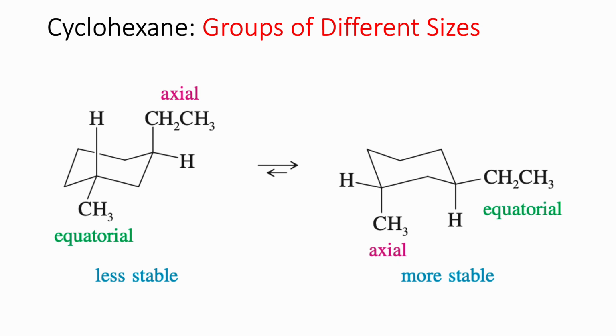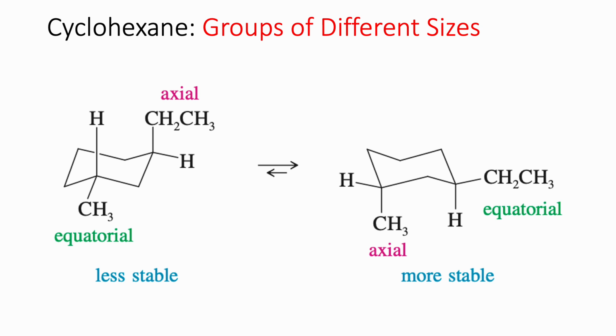Well, the ethyl group is bigger, and so when we have this situation where one group is equatorial and one group is axial, there actually is a preference for the bigger group to be equatorial. So even though a methyl and an ethyl are very similar in size and very similar in their contribution to the energy of the molecule, ethyl is still bigger, so there is still a preference for the bigger group to be equatorial.